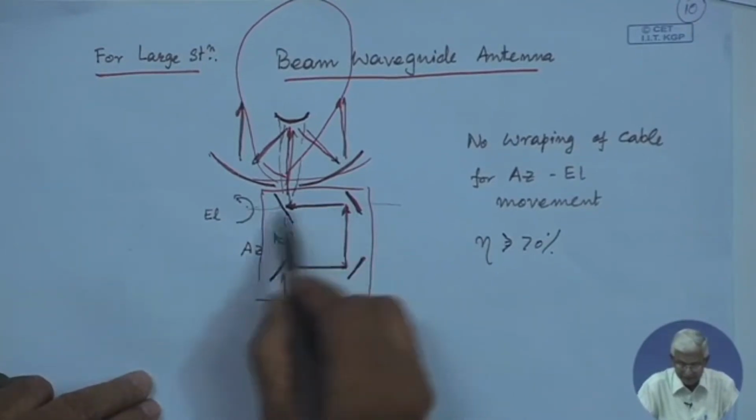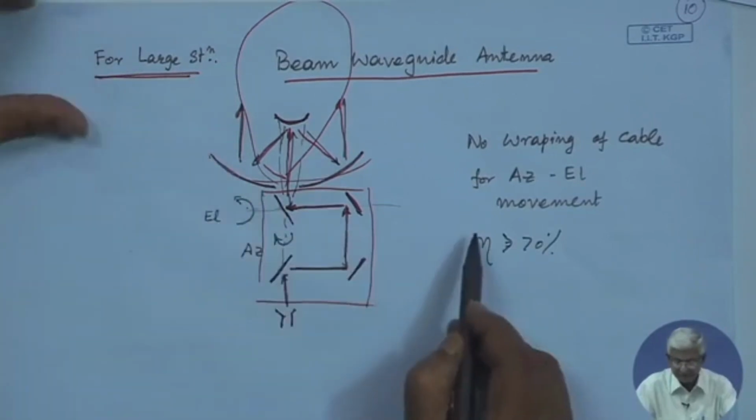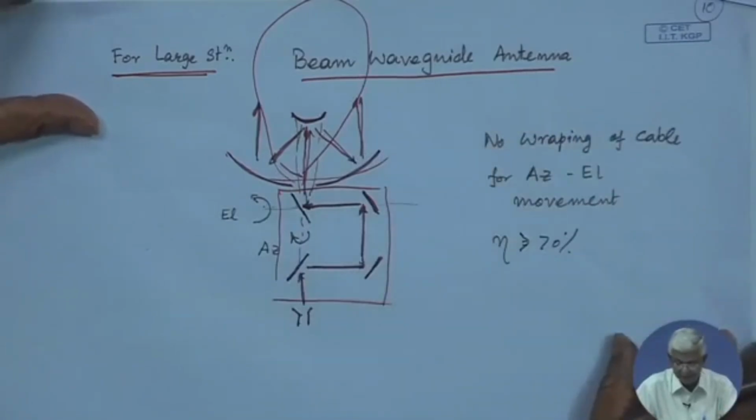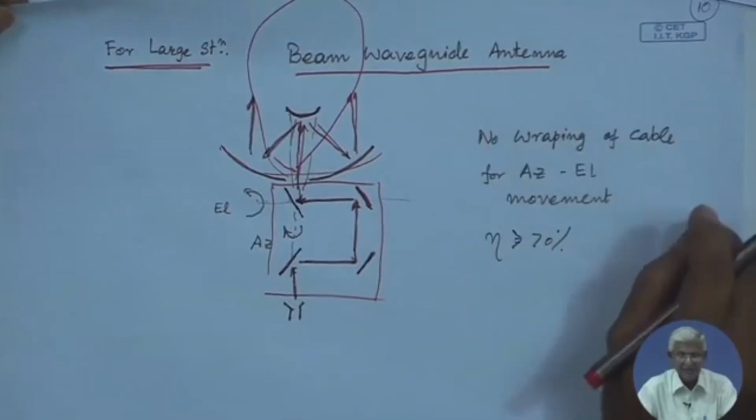So this is a very big advantage, and on very large stations in some cases people use beam waveguide antennas. So there are many innovations on the antenna. I tried to give you a glimpse of this antenna system.